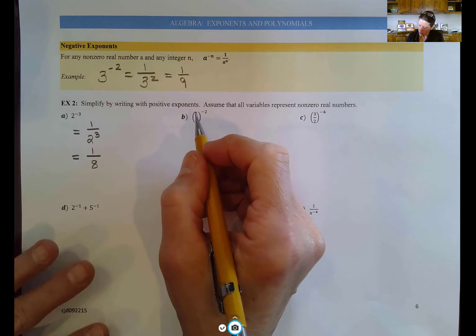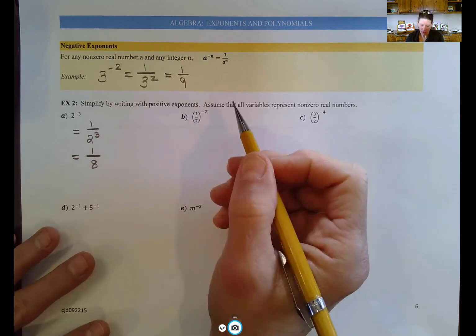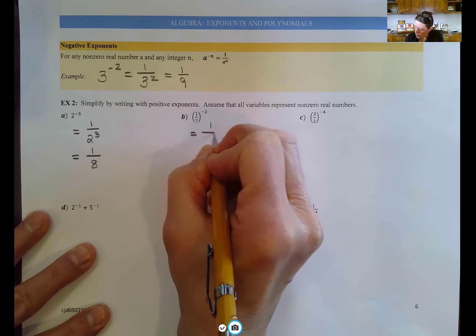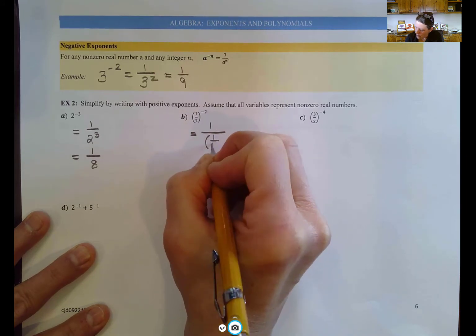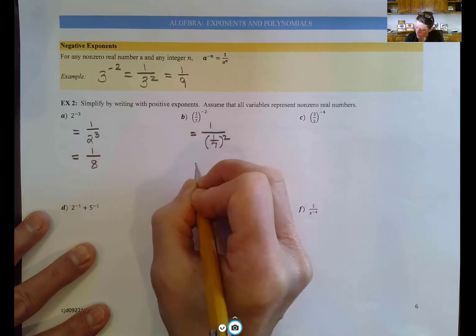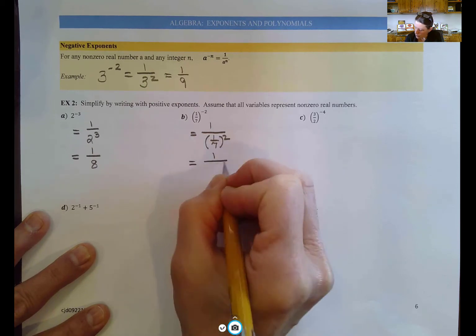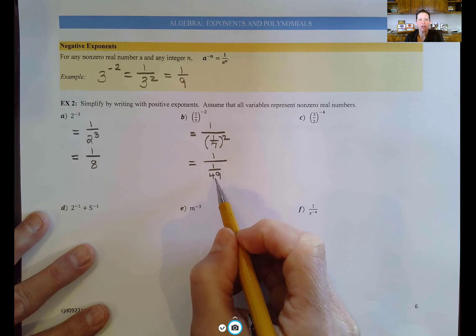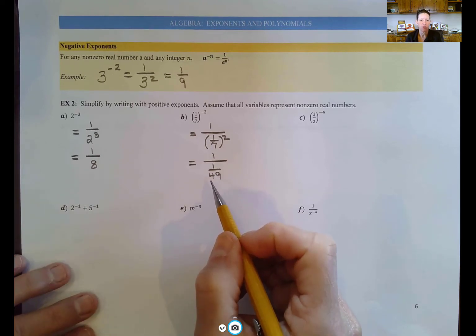In part B, we've got a base 1/7 to the negative 2. Let's say 1 over 1/7 to the positive 2. Let's say 1 over 1/49th. And dividing by a fraction, we multiply by the reciprocal, don't we?